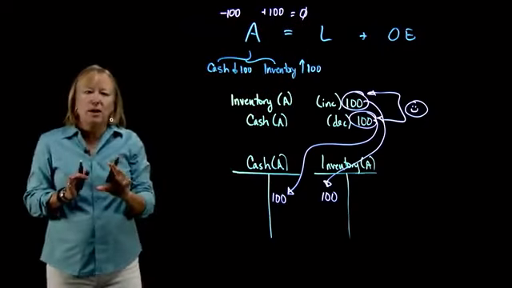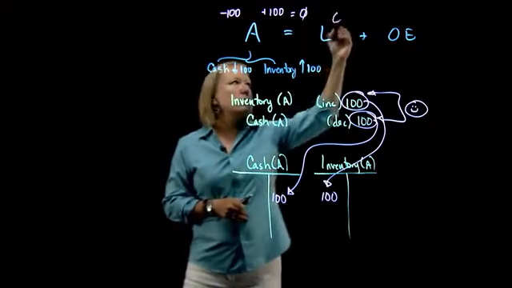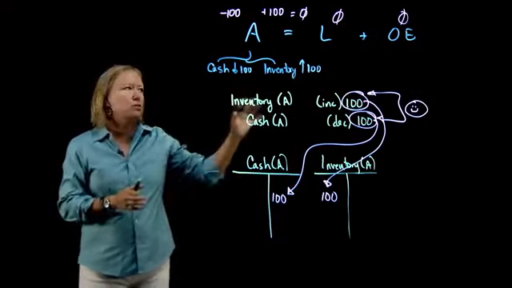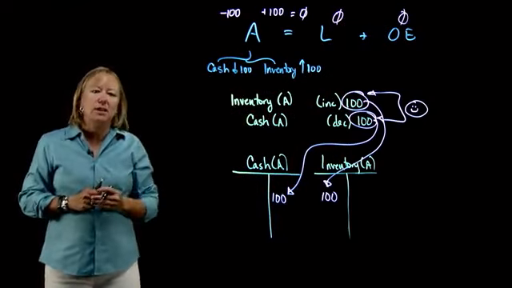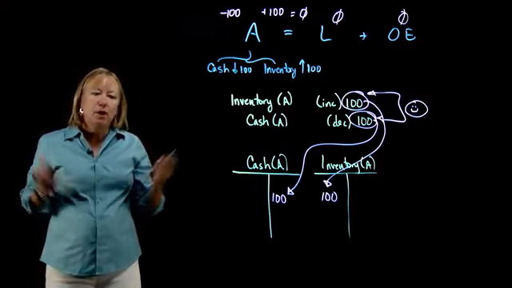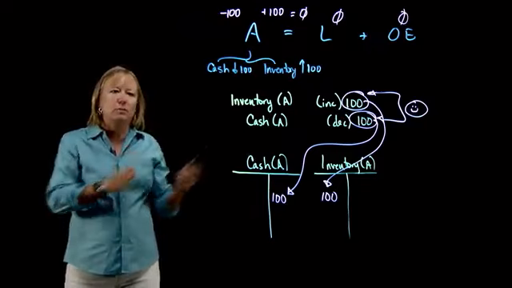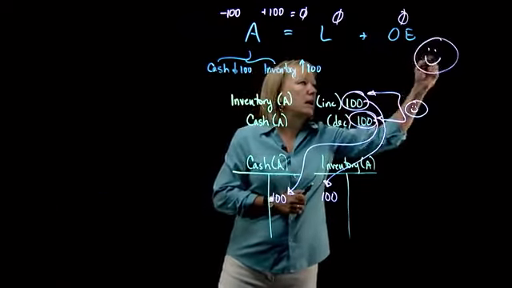So that side of the equation remains in total unchanged. We also know that this transaction caused no effect on liabilities or owner's equity, so that side of the equation remains unchanged as well. Both sides of the equation in net remain unchanged. The equation remains in balance, so we are happy today.